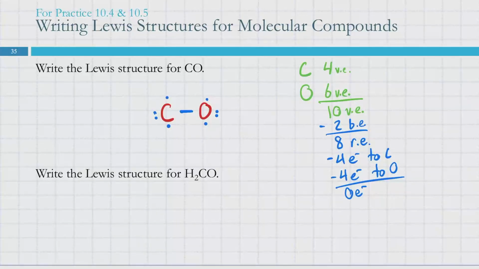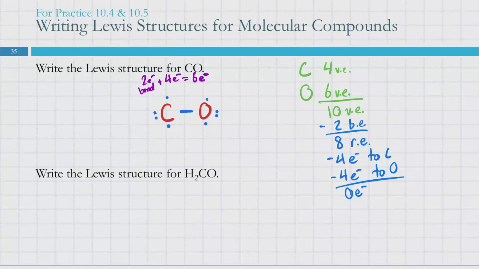Now we need to check for octets. For our octets, carbon and oxygen have the same setup. Carbon has 1 bond. 2 electrons from the bond plus 1, 2, 3, 4 electrons, 6 electrons.